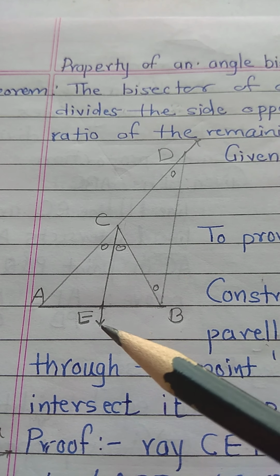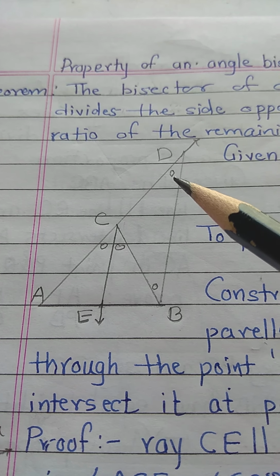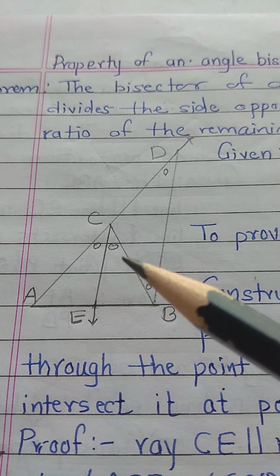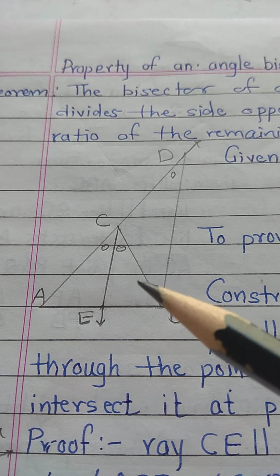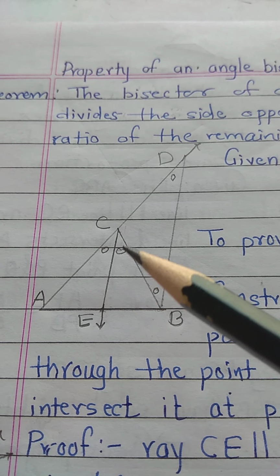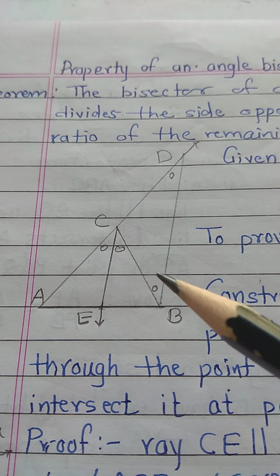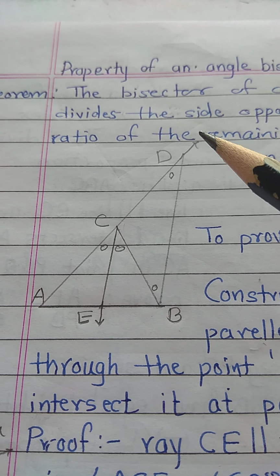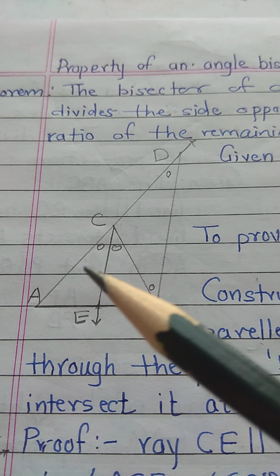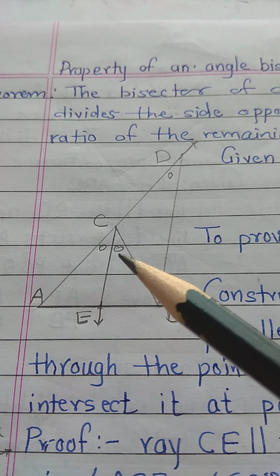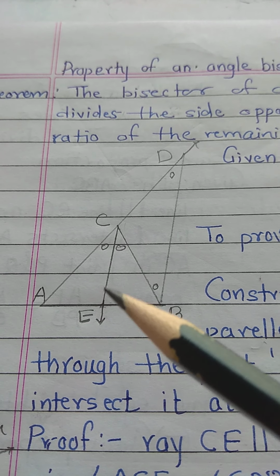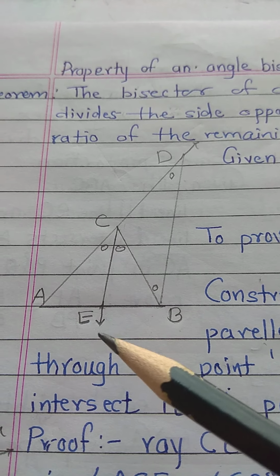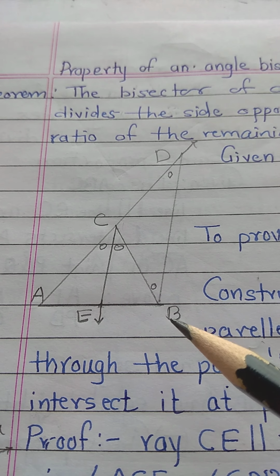Angle ACE is congruent to angle D. Similarly, as the lines are parallel, alternate angles are congruent, that is angle ECB is equal to angle CBD. But angle ACE is given as congruent to angle ECB because ray CE is a bisector.